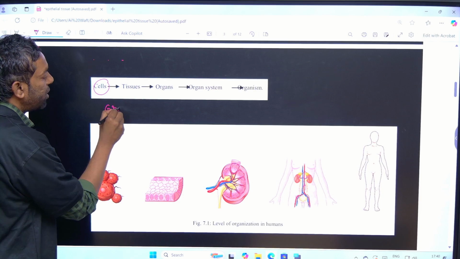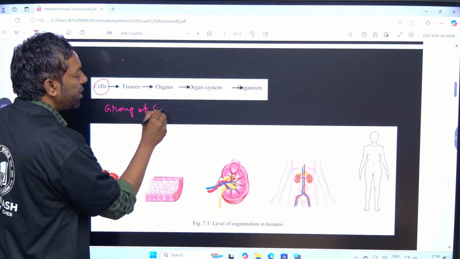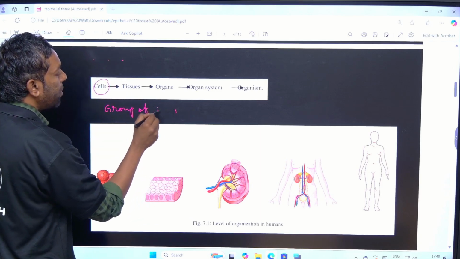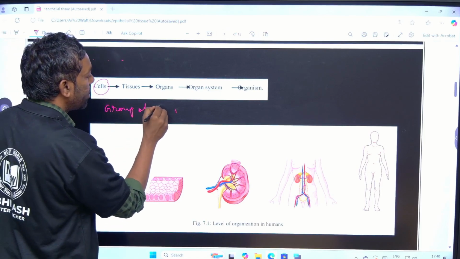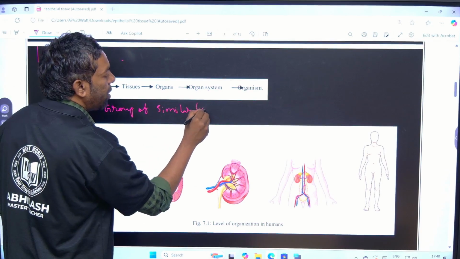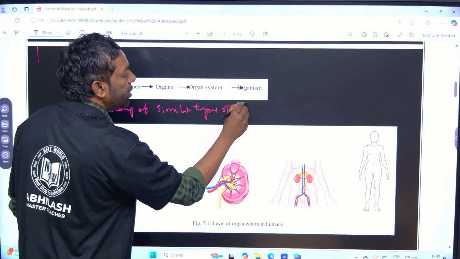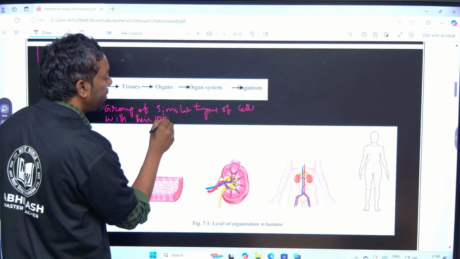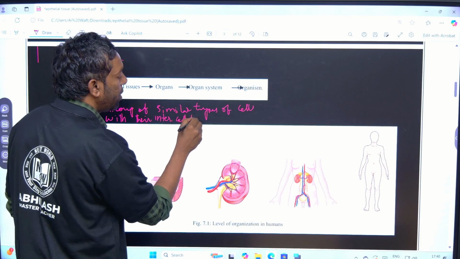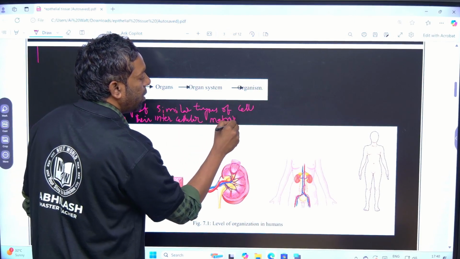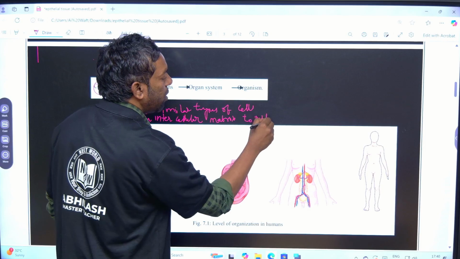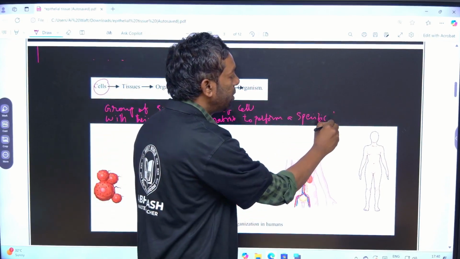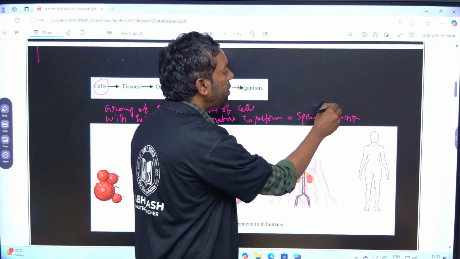The group of similar types of cells with their intercellular matrix to perform a specific function is called tissue.